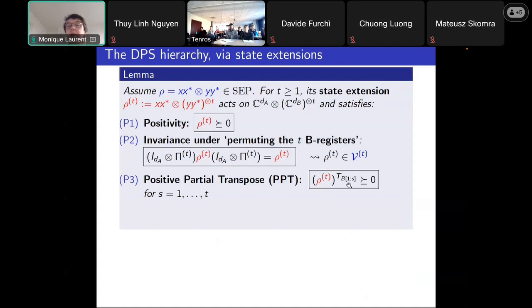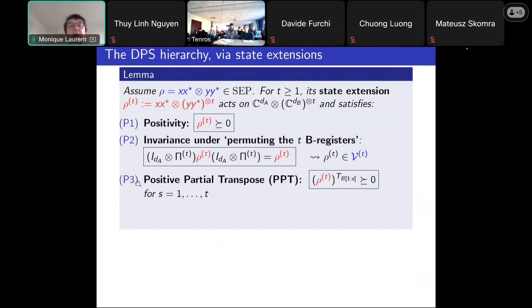We can maybe take the partial transpose on s of the copies of the B registers, and we still get something which is positive semidefinite. Here maybe the details are a bit difficult to grasp so quickly, but essentially you just take a few of the registers here, and you take the partial transpose of them, and you still are positive semidefinite. So this is what this extended state satisfies, P1, P2, P3.